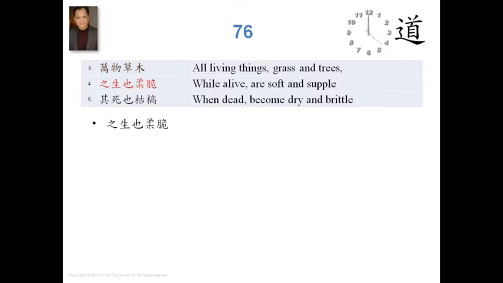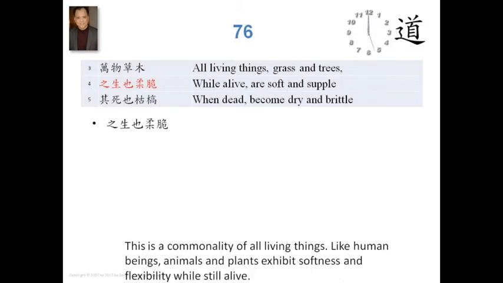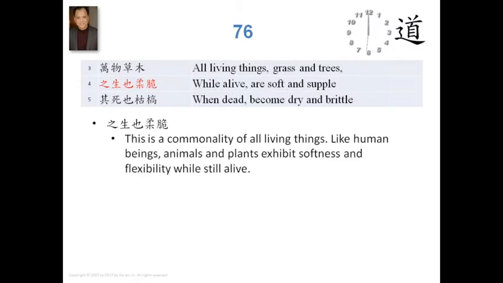There's a commonality to all of them, and that is, while alive, they too, like human beings, are soft and supple. We human beings are living things as well. We're part of the 万物. We're animals too. So all animals, all plants exhibit softness and flexibility while still alive.